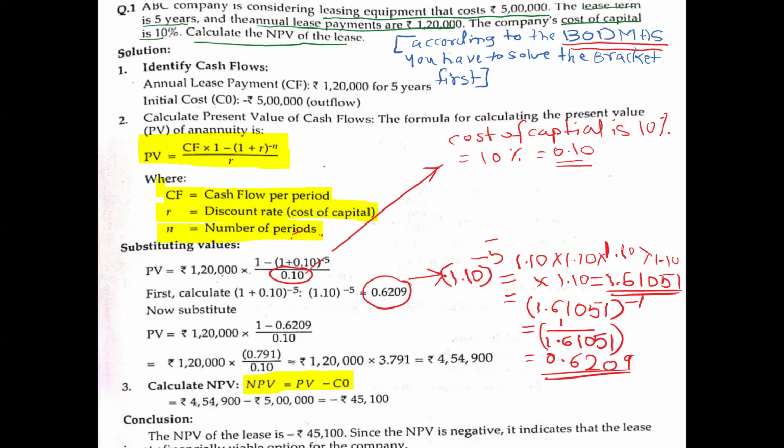0.10) — 0.10 is the cost of capital, 10% — raised to minus 5, where we have taken the years given, since the lease term is 5 years, divided by the cost of capital.